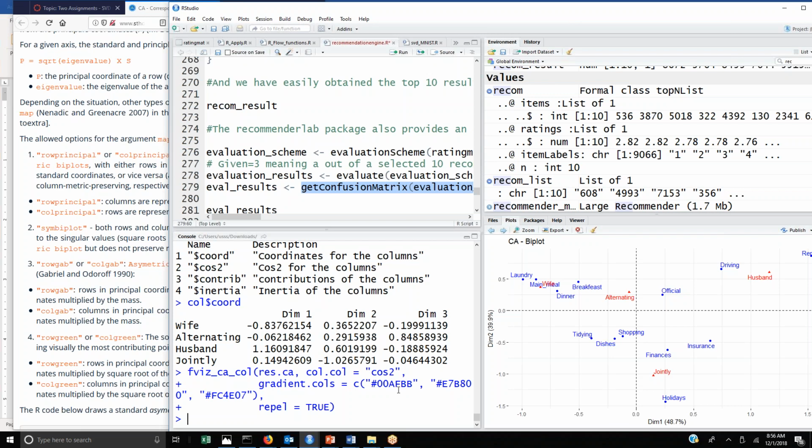And biplot is another thing. That is a great interview question. People might ask, what is a biplot? Here we use the biplot. You remember, this is a biplot. Do you see this one? It is written as biplot, right? The red and blue together, that is the biplot. It's not a biplot if you use the first two dimensions of the row singular vector or the first two dimensions of the column singular vector.